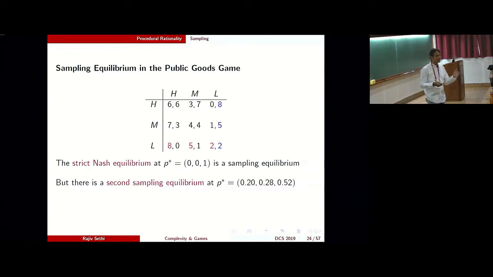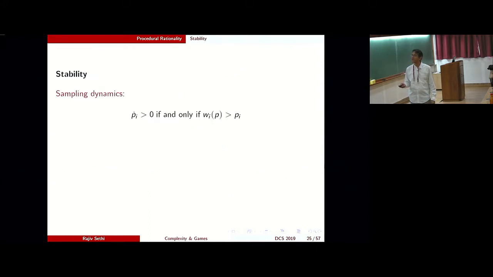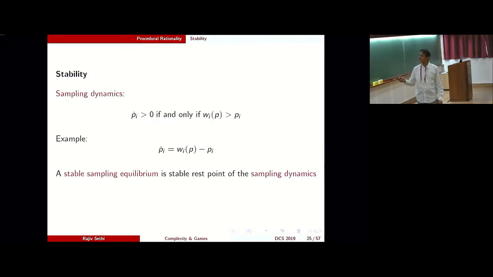These are two different sampling equilibria, and yesterday I made the argument that if you write down a dynamic process that the frequency with which a strategy is used increases if it wins the sampling procedure with greater probability than it is currently being played, then it starts to be played with greater frequency. So this is a disequilibrium dynamic process.